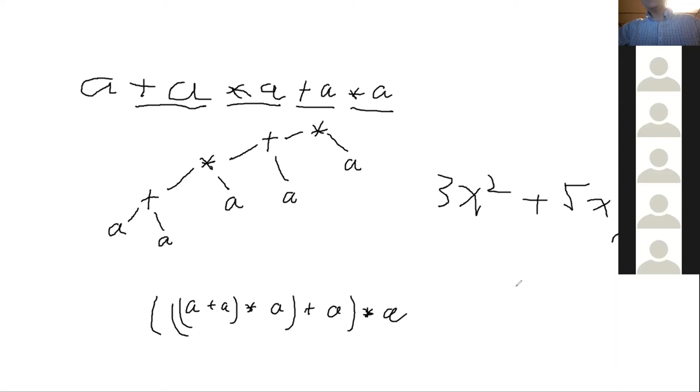Similarly, if you take a number like 12, it's actually got three factors. It's 3 times 2 times 2. Those are the factors of 12: 2, 2, and 3.